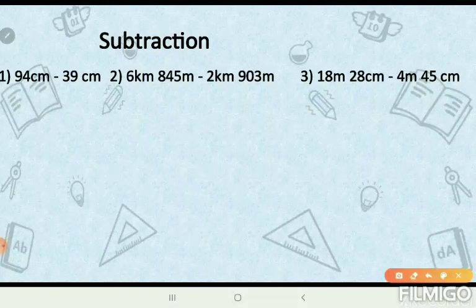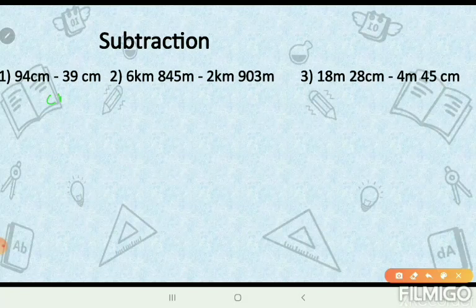Okay, first is 94 centimeter minus 39 centimeter. So here only a single unit, centimeter, is given. From 94 you have to subtract 39. Okay, I think subtraction is very clear to you. From 4, are you able to subtract 9? No, 4 is less than 9. So what will 4 do? 4 will go to 9 and ask, and it will borrow 1.